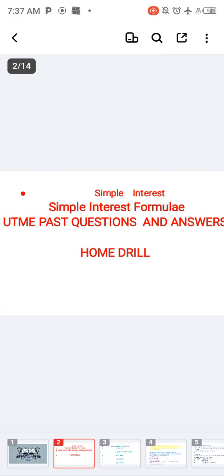Now, let us look at the formulas associated with simple interest. There are 5 main formulas associated with simple interest, and we are going to exploit the use of these 5 formulas.